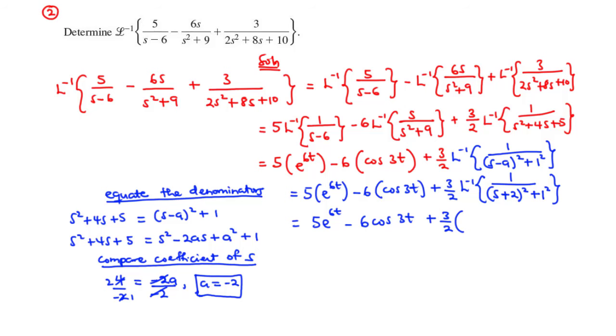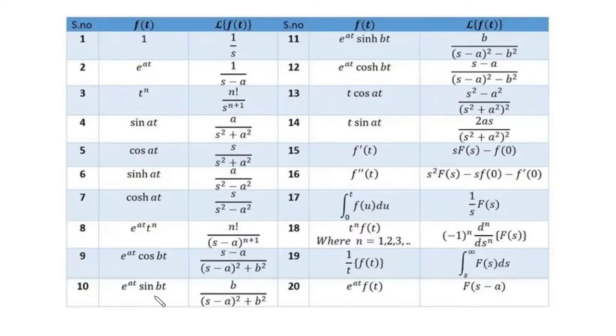So that's going to correspond to e to the power at sine bt. So that's going to be e to the power, a is negative 2, so negative 2t, and then sine bt. b is 1, so sine t. 1 times t is still t. So we have e to the power negative 2t sine t.